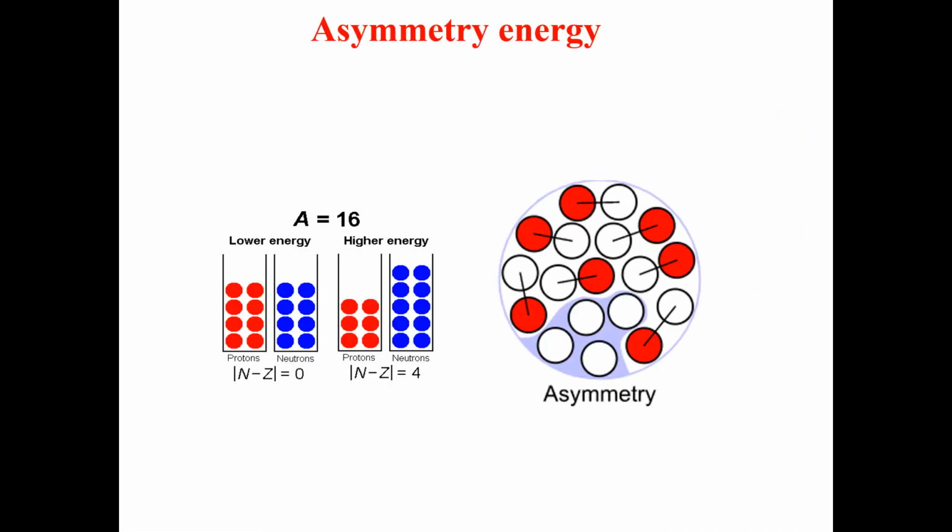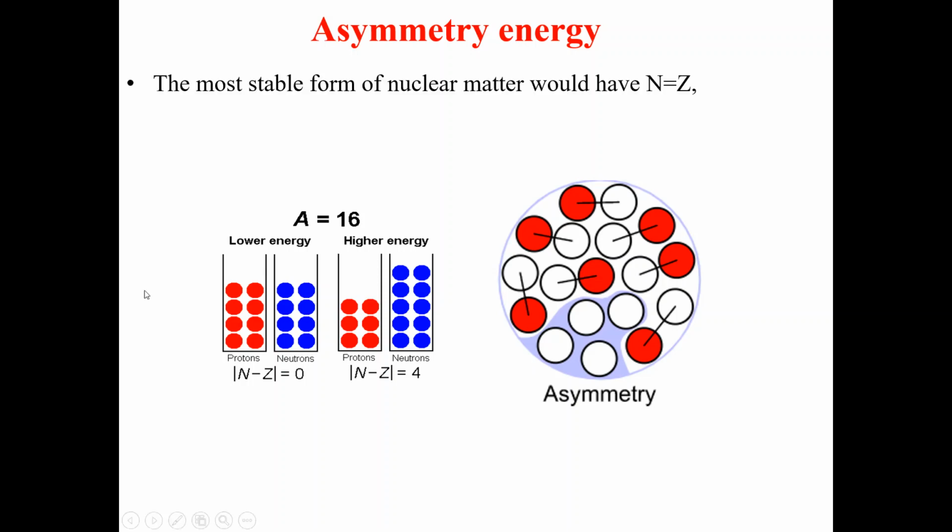What about the asymmetry energy? In the case of asymmetry energy, we can start a discussion like the most stable form of the nucleus matter would have equal number of the neutrons and protons.